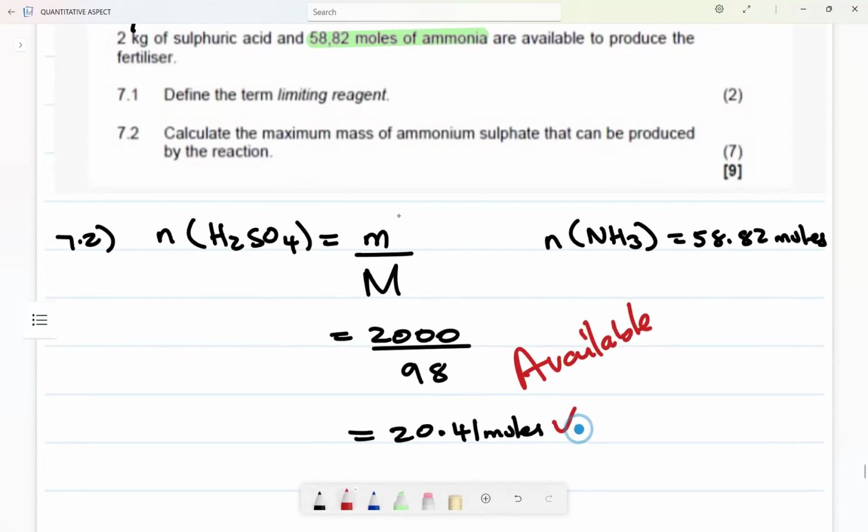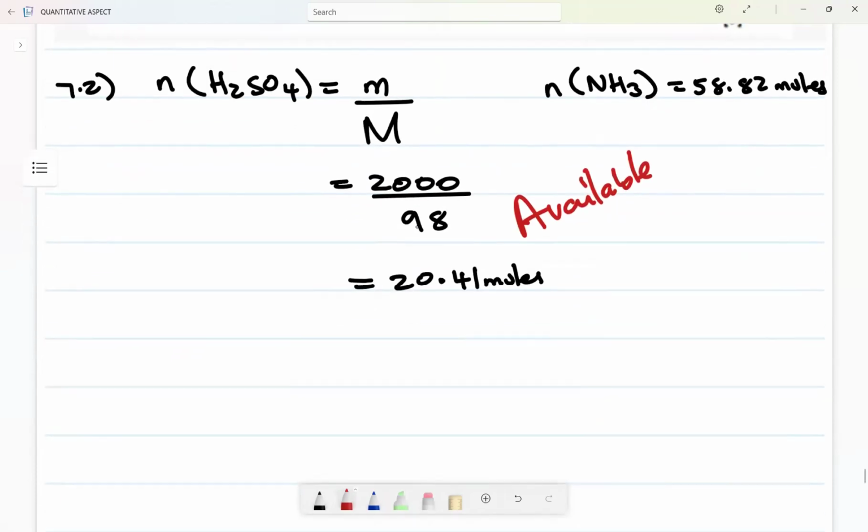This is the available amount. Now I need to use my mole ratio. This is step 1 complete. Let's do step 2. I check which one is the limiting reagent between H2SO4 as well as NH3.